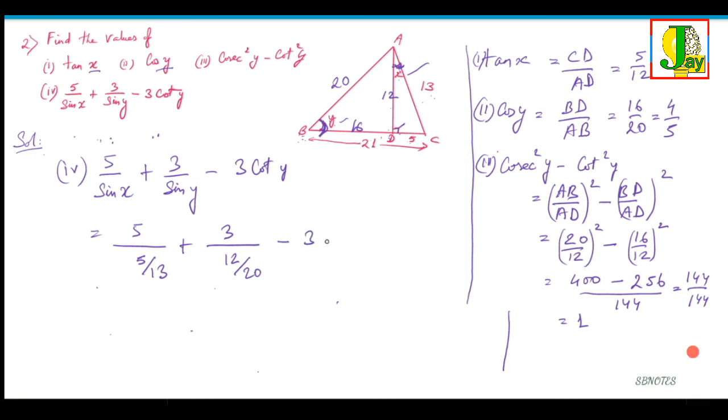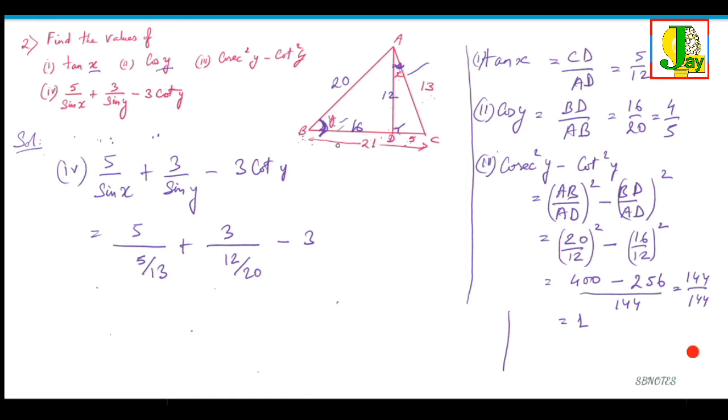Minus 3 cot y. Cot y is adjacent by opposite. Okay, you have to remember all the identities, all the ratios. So cot y, if you remember that table, OA, OA, HH. So cot y is actually adjacent by opposite. So adjacent to y is BD and opposite is AD.